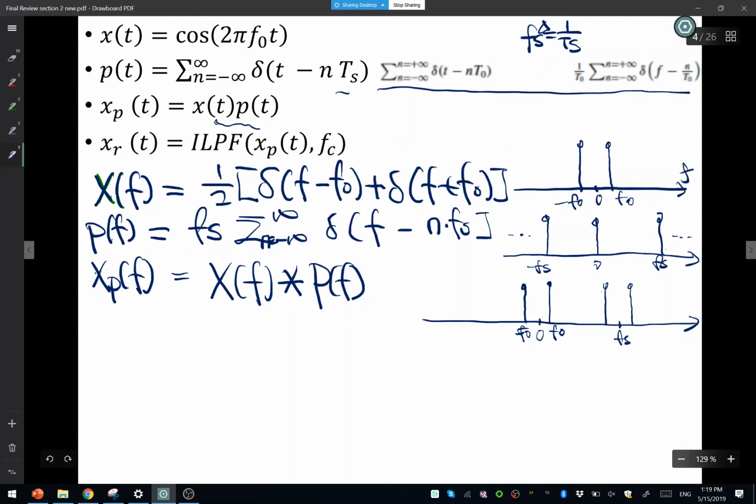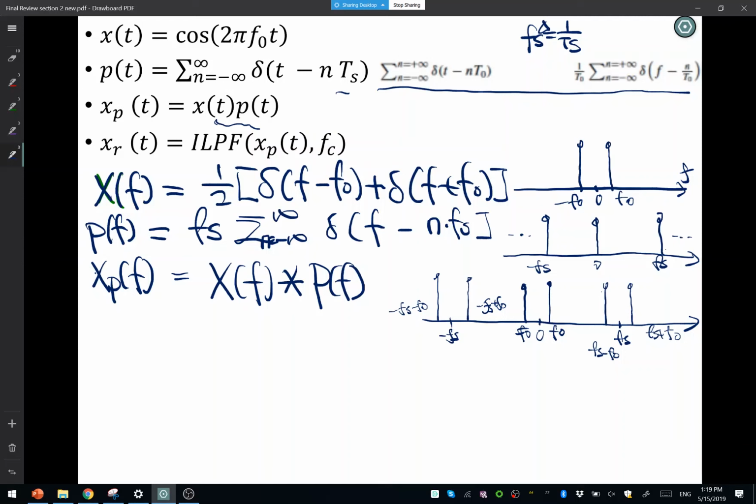And this spike is fs minus f0, and this is fs plus f0. Also, we're going to get two spikes around minus fs: minus fs minus f0, and minus fs plus f0.